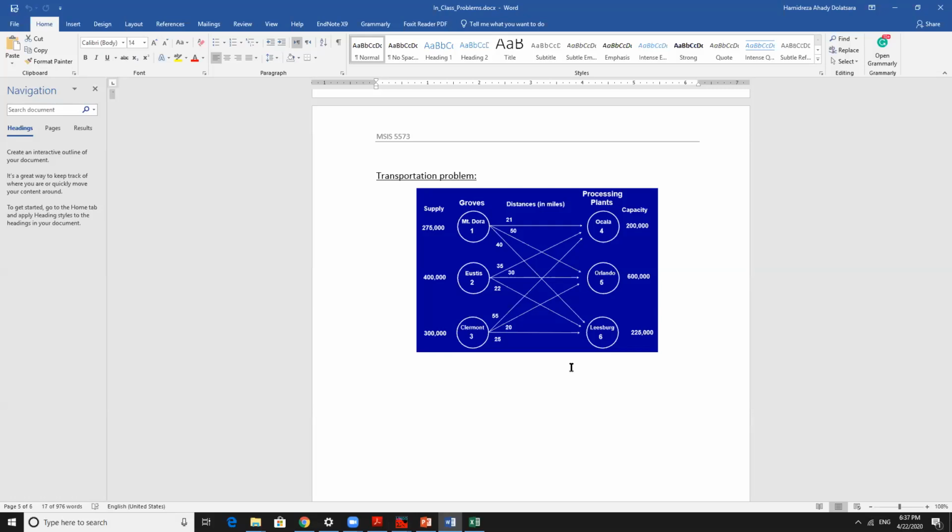So I give you 10 minutes as the in-class activity to type the constraints and objective function in your Lingo. If you want, you can get help from week 10, where we have an Excel Solver solution for this problem.